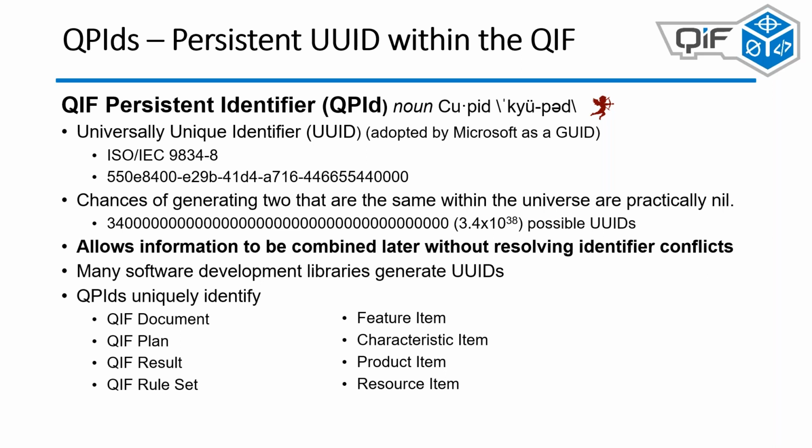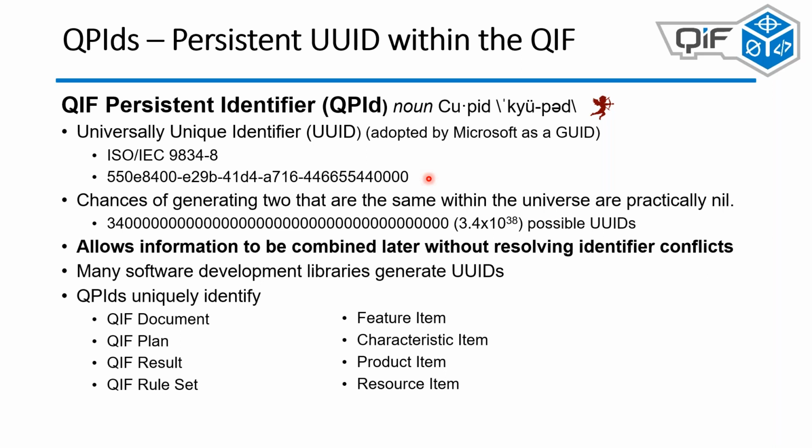I mentioned before, it has a format that typically looks like this, the general flavor of that. You may be familiar with how Microsoft has adopted UUIDs as a GUID. Interestingly, the chance of getting two that are identical is 10 to the 38th power.